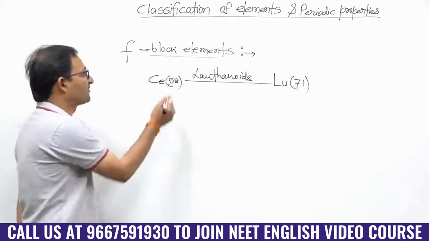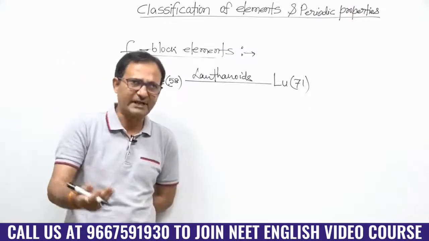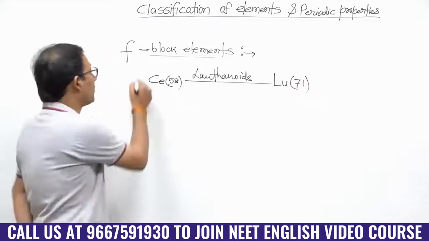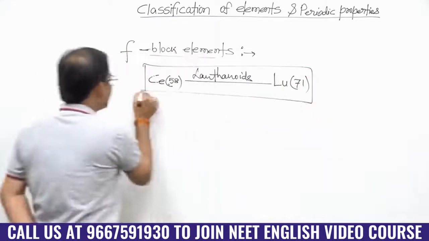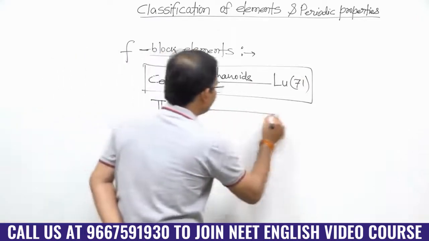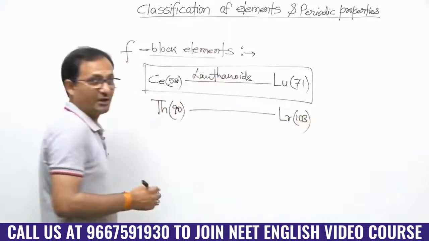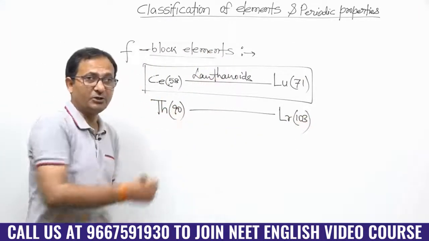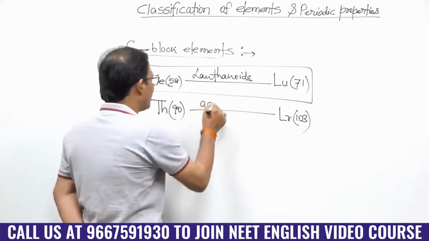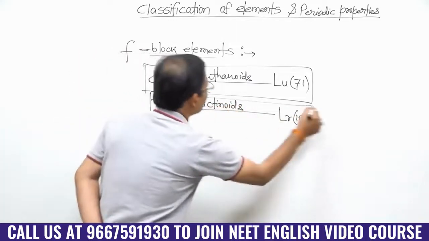These 14 elements from cerium, that is atomic number 58, to lutetium, atomic number 71, are called lanthanoids. And thorium, atomic number 90, to lawrencium, atomic number 103, these 14 elements are called actinoids.